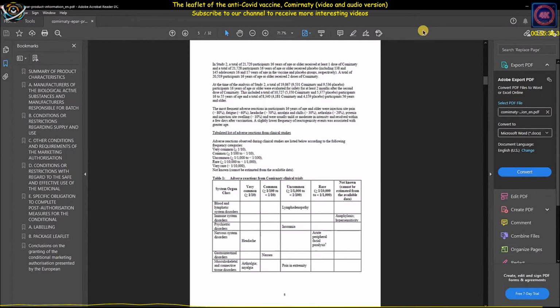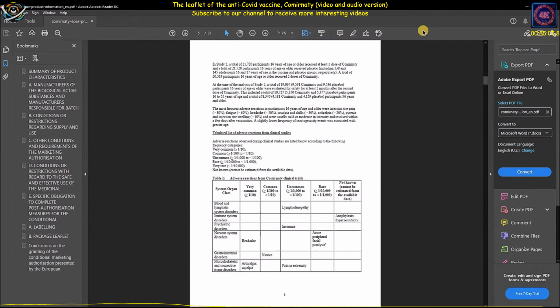Tabulated list of adverse reactions from clinical studies. Adverse reactions observed during clinical studies are listed below according to the following frequency categories. Very common, greater than or equal to 1/10. Common, greater than or equal to 1/100 and less than 1/10. Uncommon, greater than or equal to 1/1,000 and less than 1/100.